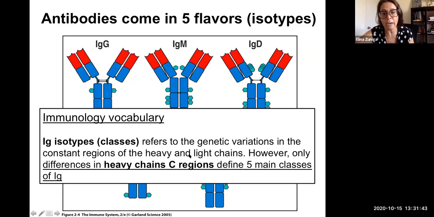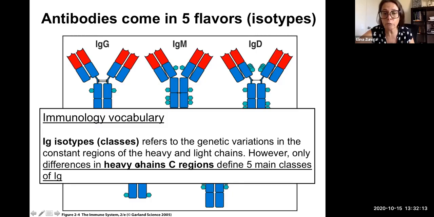heavy chain. In the case of the light chains, there are also isotypes for the constant region, which we mentioned before, lambda and kappa. However, only differences in the heavy chain constant region define the 5 main classes of immunoglobulins.